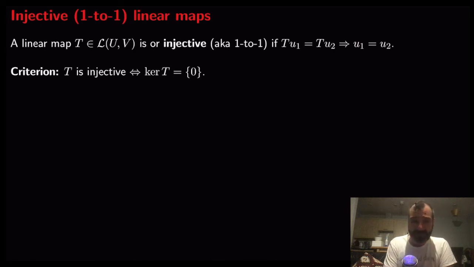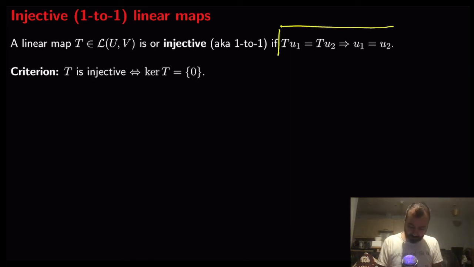And I say that the map is injective, or I say that the map is 1 to 1. These are synonyms. If the following thing is happening, if T of U1 is equal to T of U2 implies that the only way for this to happen is for U1 to be equal to U2. Again, T of U1 is equal to T of U2. This can only happen if U1 is equal to U2.